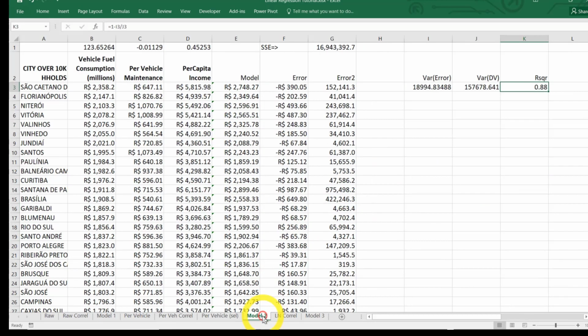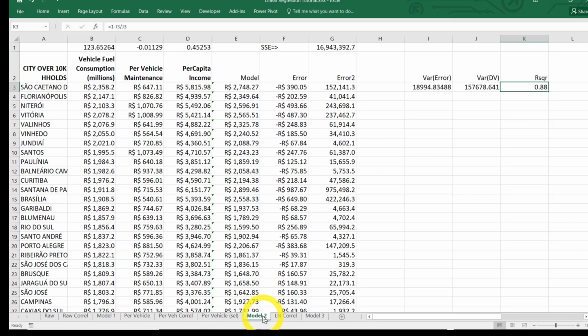That's why, by eliminating the number of cars and by replacing vehicle maintenance with a per car measurement, we lost R square from 98% of the dependent variable explained to 88%.